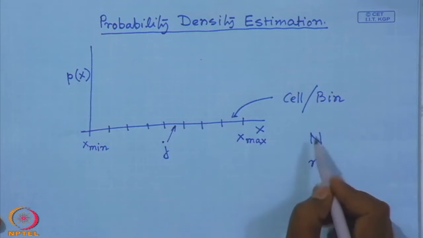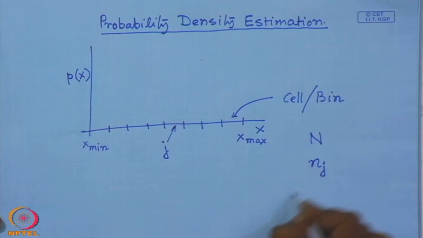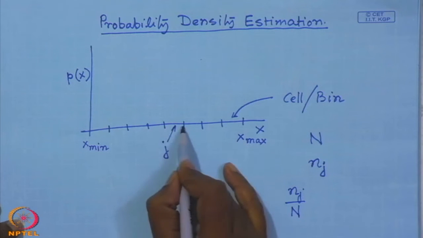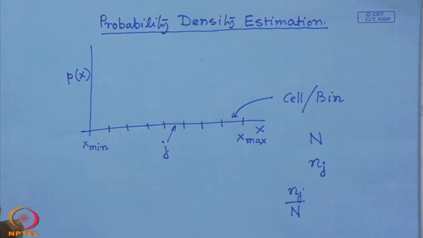then I assume that this ratio of n j by N gives me an estimate of the probability density so far as this particular jth bin is concerned. So, this represents an estimate of the probability density function in this jth bin.